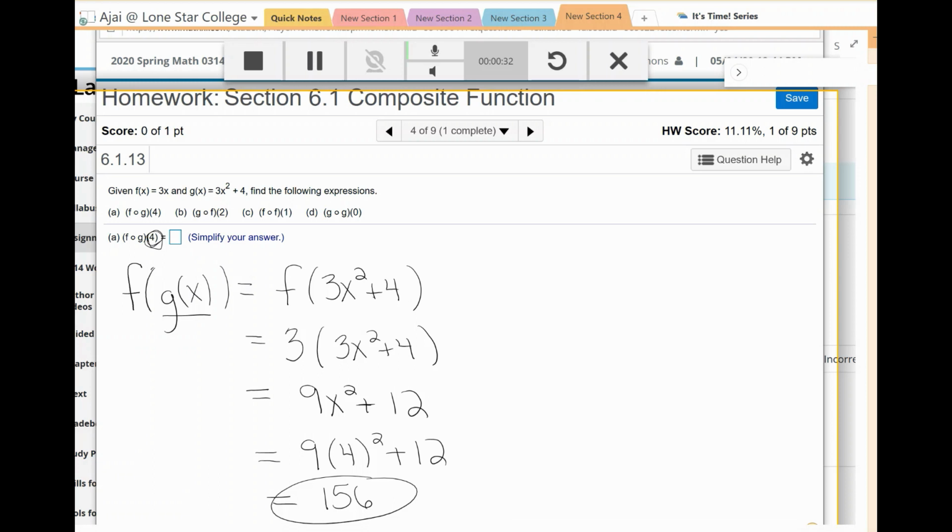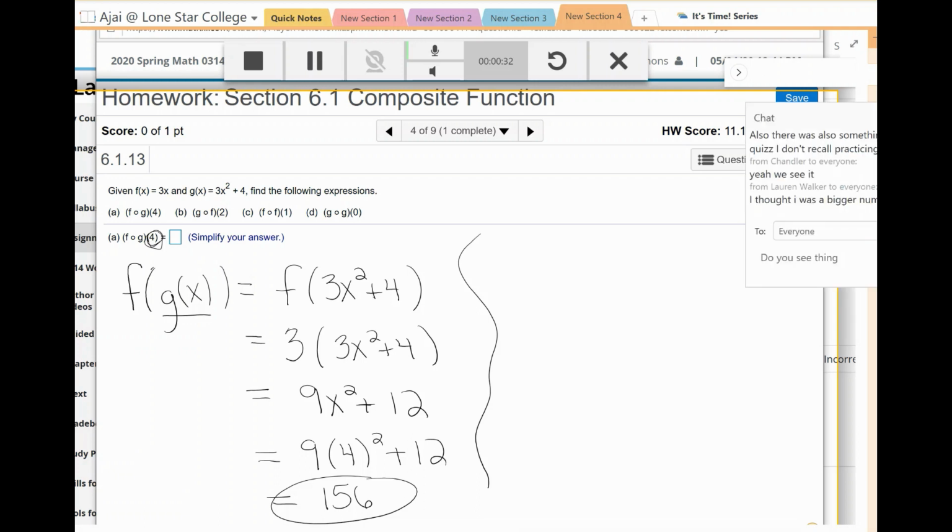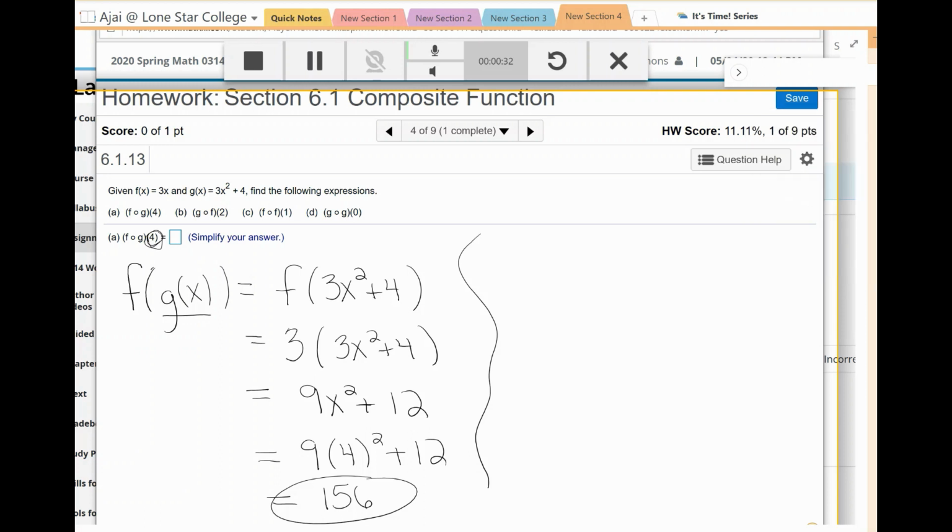Now, another way you could have done this problem, which may be a little bit easier, is you could put the 4 in there instantly. Your numbers may be different than mine, but the procedure is the same.